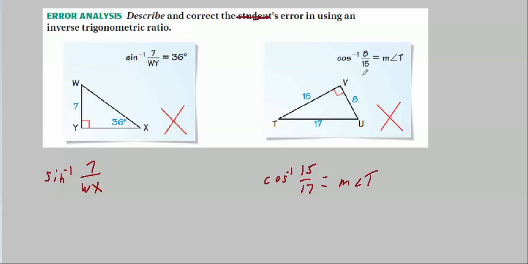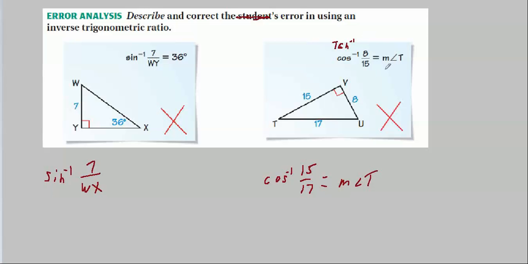He could have used 8 over 15, in which case he could make this the inverse tangent of 8 over 15. That would give you this, that's opposite over adjacent. Or, if you're going to stick with the cosine, you have to make it 15 over 17. If you're going to stick with 8 over 15, then you have to use the inverse tangent.